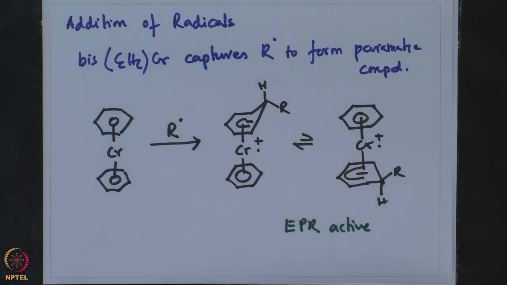So, what we had seen in terms of the reactivity is that electrophilic substitution reaction does not occur, but instead lithiation can be effected in bis-arene transition metal complexes, and lithiation can lead to various kinds of substitution reactions.